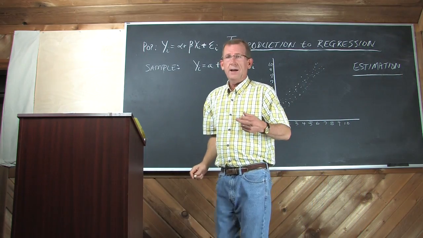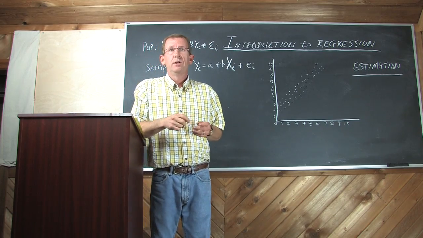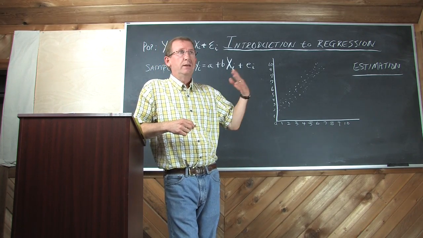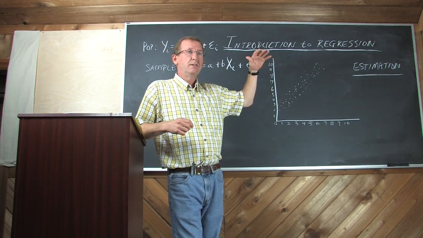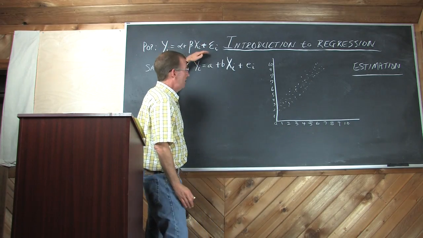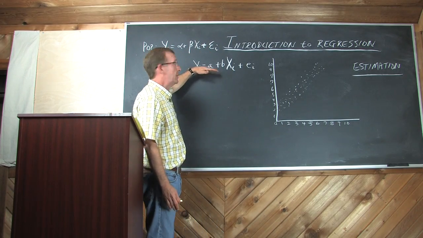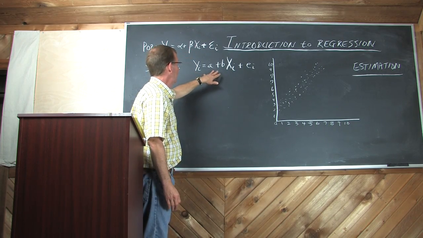You might want to look back to your notes, or you might even want to key up the old video when I introduced the idea of estimates, estimation, and estimators. Estimation being the process of using sample data to say something about population data, in particular parameters.